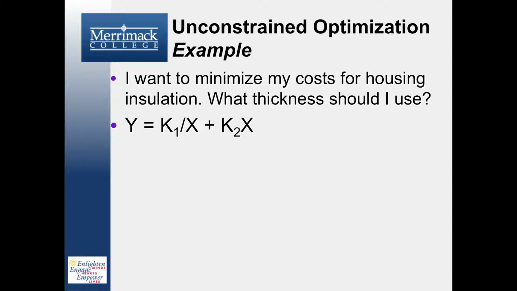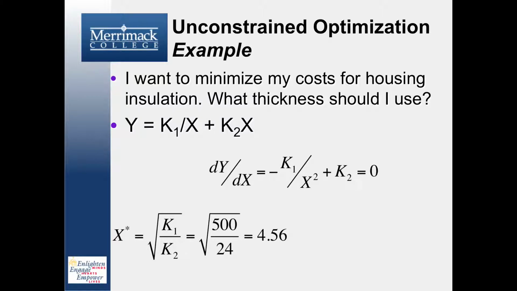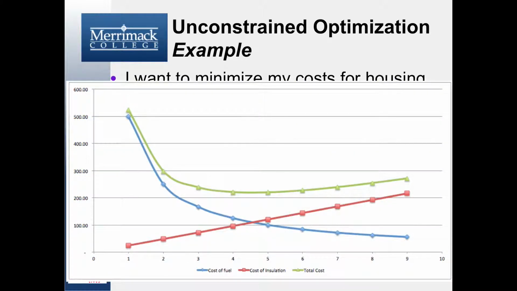Well, here's the objective function, and I want to find the x that will give the minimum value. So I can do the first derivative, set it equal to 0, solve for x. So let's take a look at that. Plot it. If I plot the costs versus the thickness, and I plot the cost of insulation, which we know is a linear function, right?